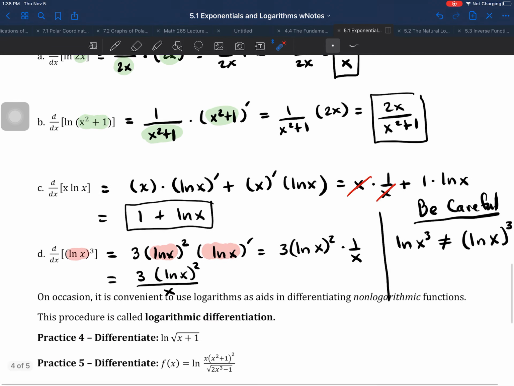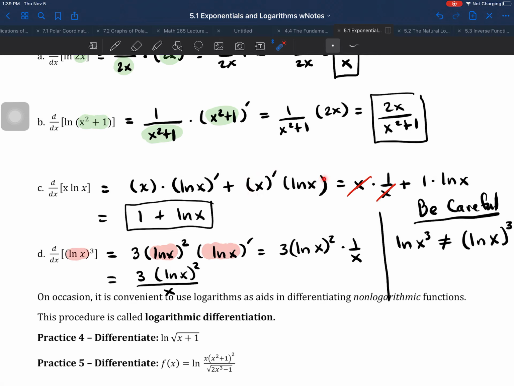Neat. So now what we're going to do here is combine other properties from the derivatives, such as the product rule for derivatives. So let's find the derivative of the product of x times natural log of x. Well, using the setup of the product rule, it will be the first function times the derivative of the second function plus the derivative of the first function times the second function.